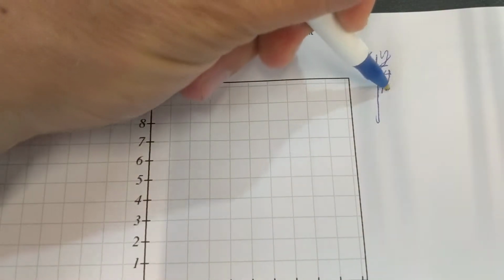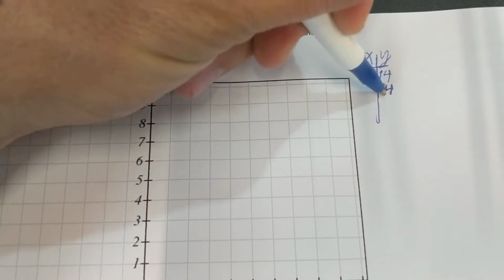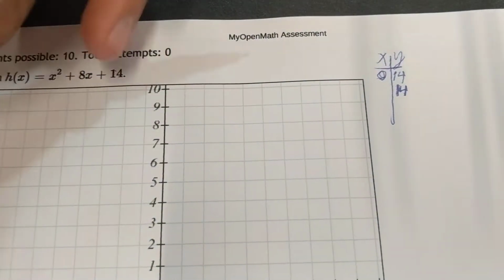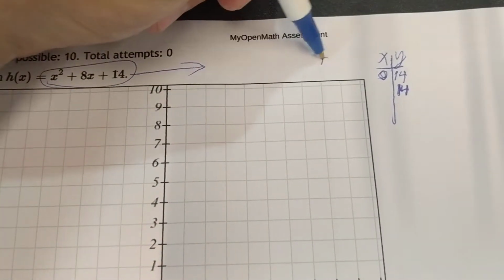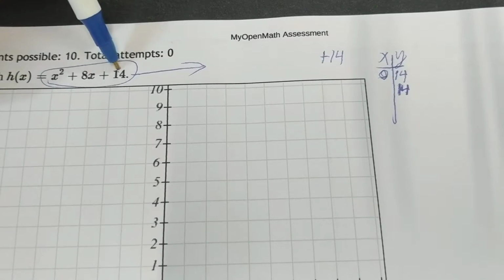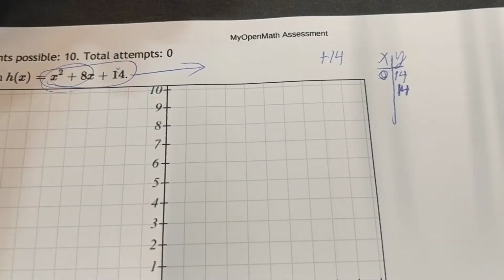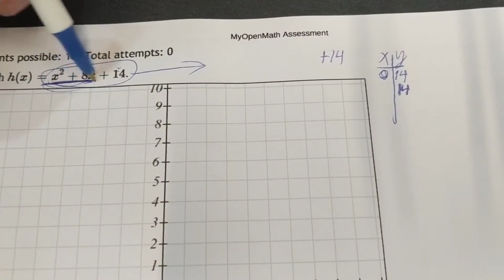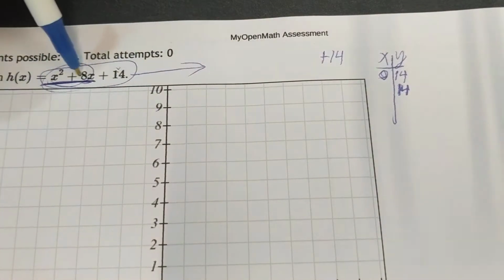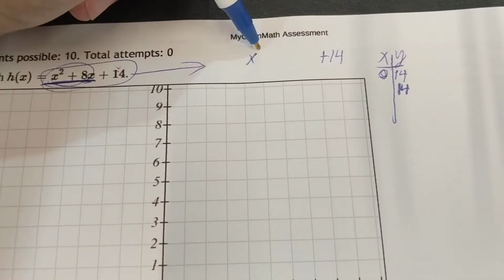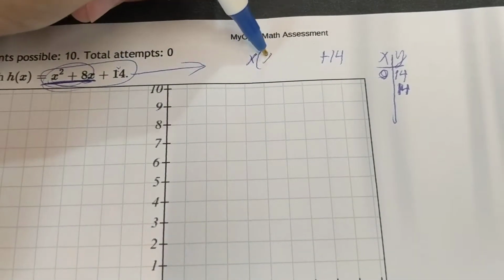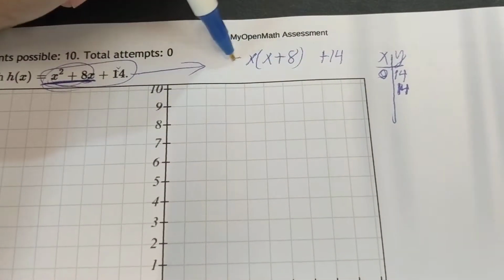So we'll ask, is there some other new 0 that will also give me a 14 out? To dress that up, normally we'll fix the function, keep the plus 14 at the end, but this part I'm going to start looking for a new 0. So if I underline those two, we'll take out whatever they have in common, maybe factor it out. They both have an x, so if we take out an x from both, then there's x plus 8 left over.